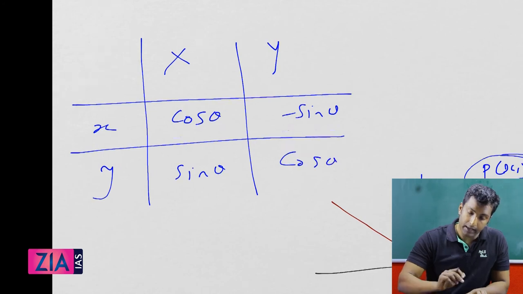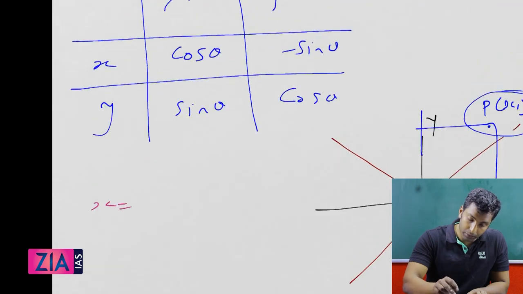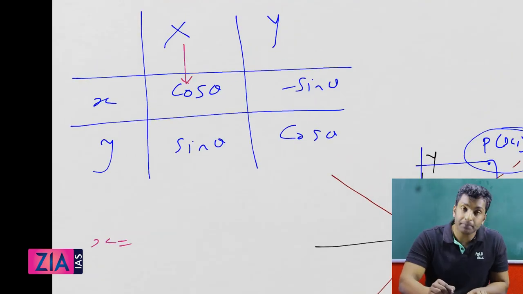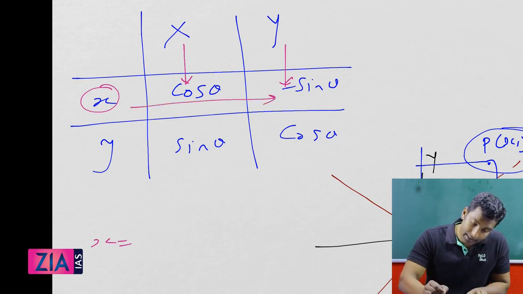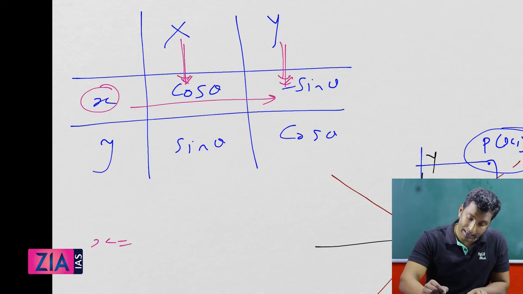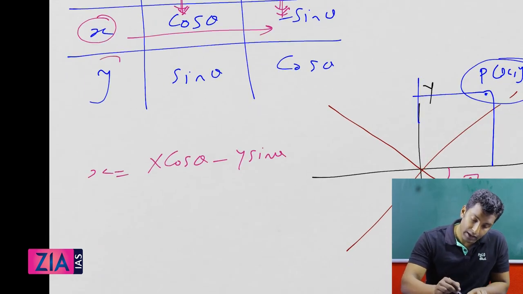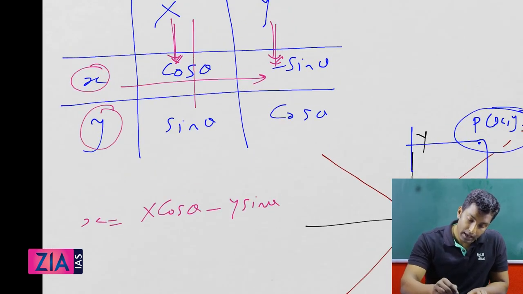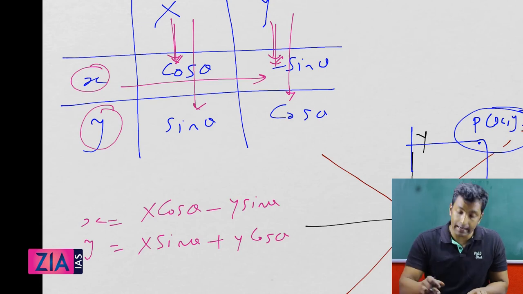cos theta. So if you need to find the old coordinate, x is equal to x cos theta minus y sin theta. I am looking for x, so I take this, and I take both x and y. So x cos theta minus y sin theta. Obviously if you need y, that is going to be x sin theta plus y cos theta, right?